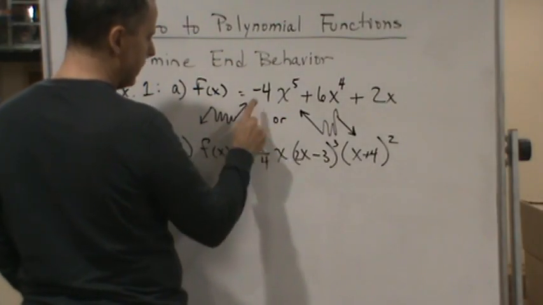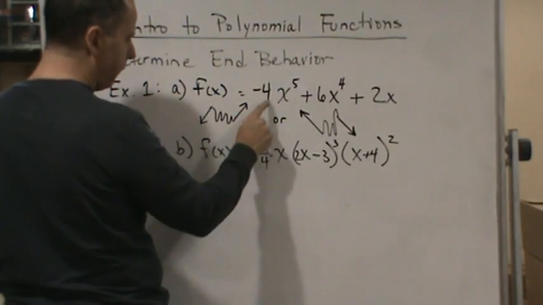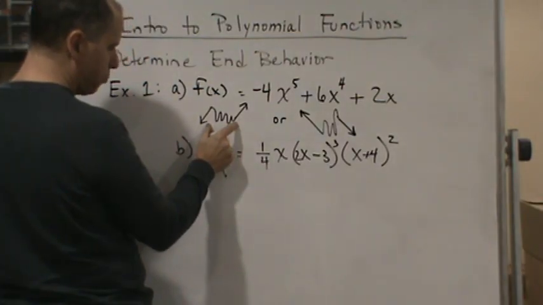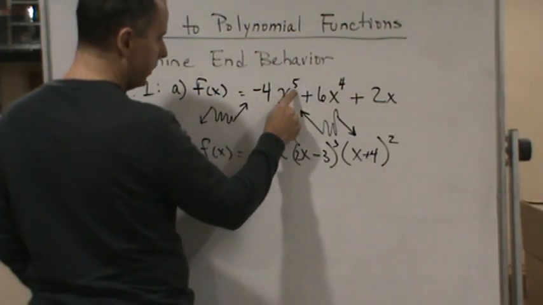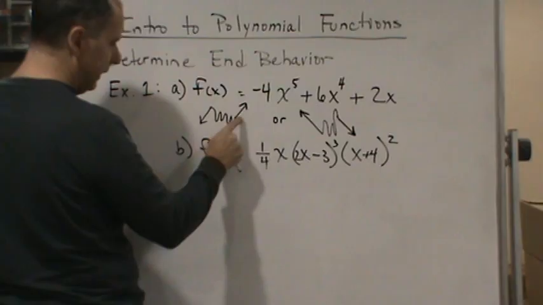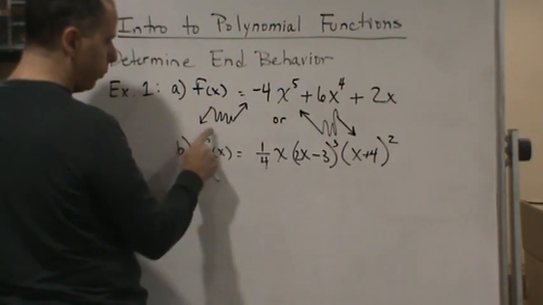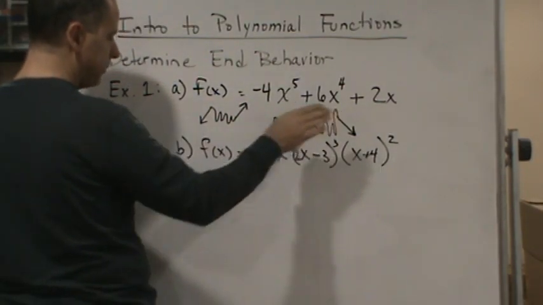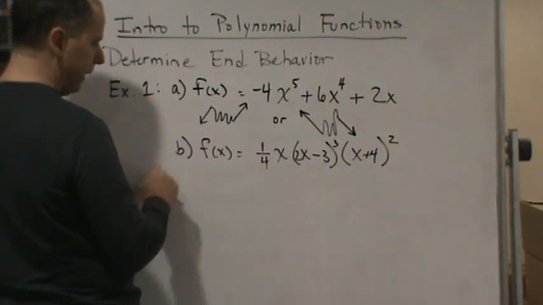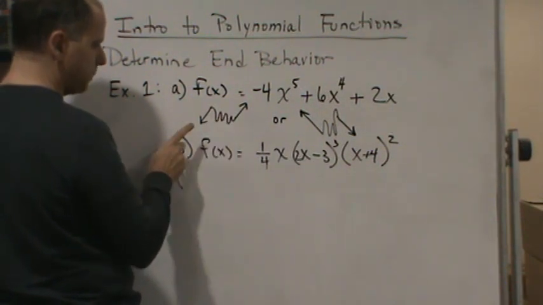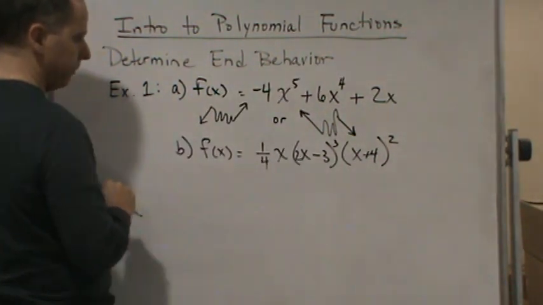So if the leading coefficient is positive and the degree is odd, it's going to have a general upward trend from left to right. So the tails go in opposite directions, but with a general upward trend.